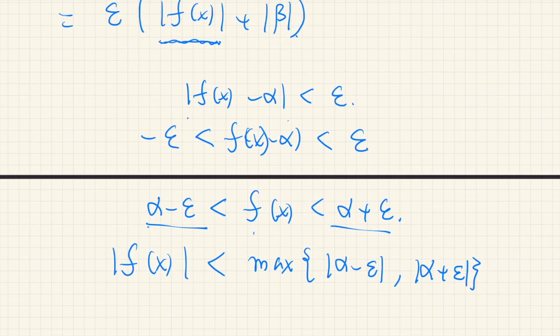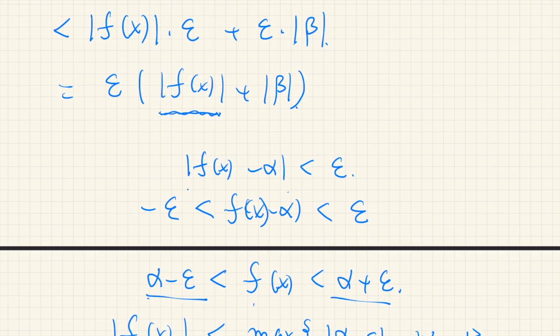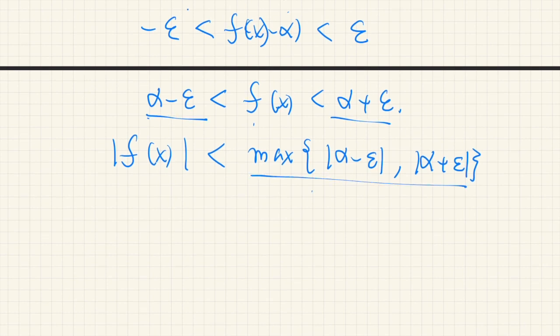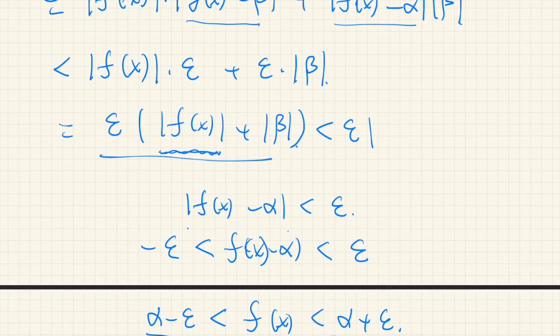So that means this thing should be less than epsilon times, let's say the maximum of this as some constant M. Then this should be less than epsilon times M plus the absolute value of beta.